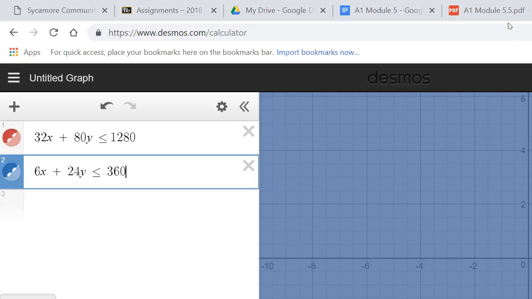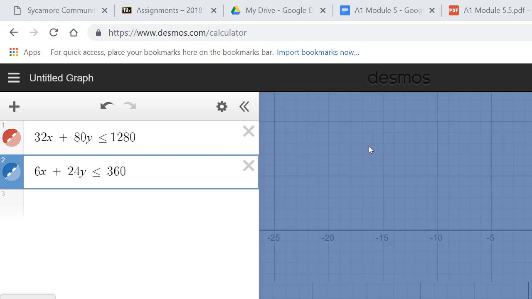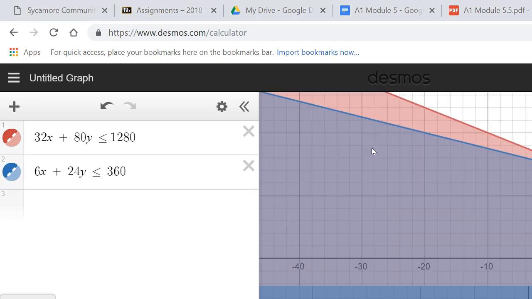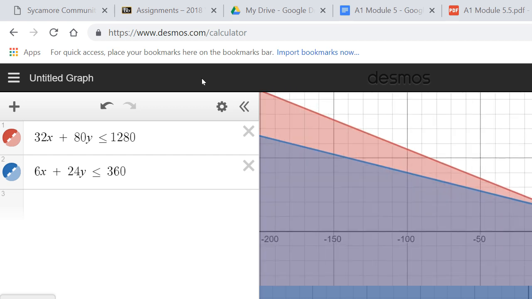All right. Now, let's zoom out and see what we got. So, you have a red line, which looks like your cost constraint, right? Yeah. And then you have a blue line, which looks like it is your area constraint.